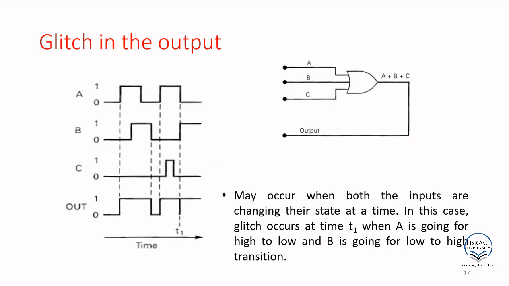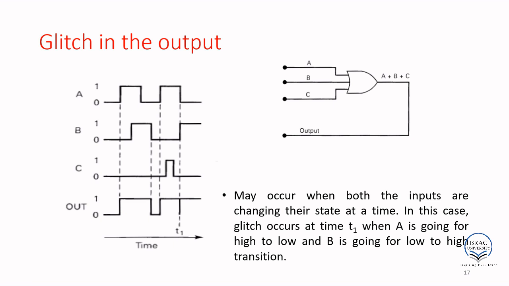The glitch may occur when both the inputs are changing their state at a time. So if you are asked to find a glitch, the trick is you need to locate when both of the inputs are changing their state. Look here at T1.